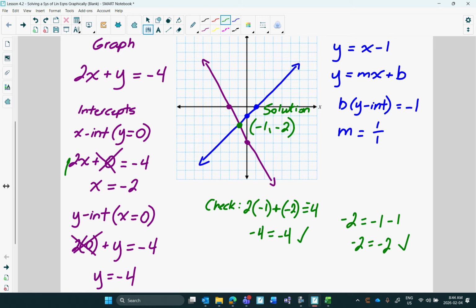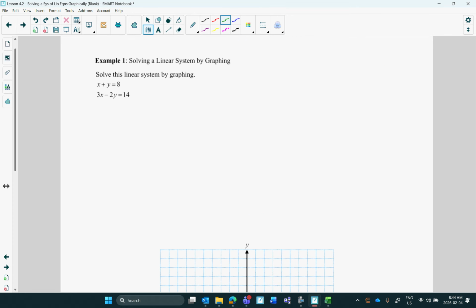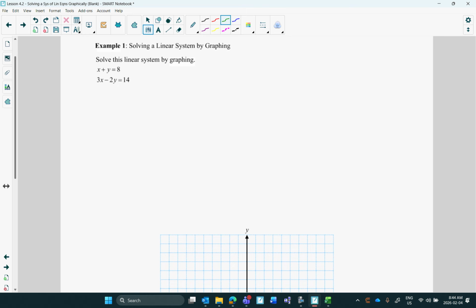So let's try one more. Let's try example 1. Here we have another system. So we're going to graph each one using a different color.